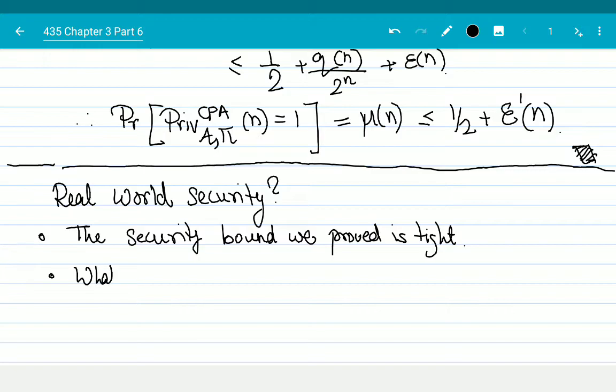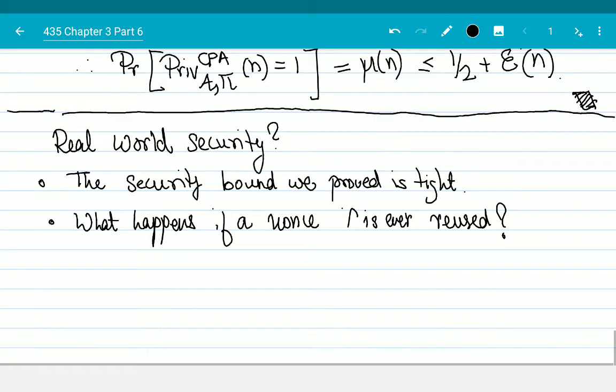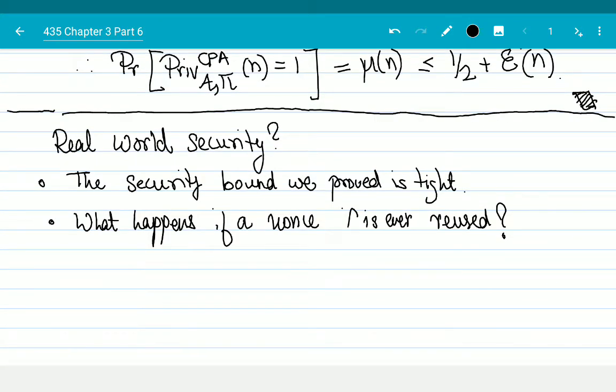What happens if a nonce vector R is ever reused? Maybe not for the same exact messages right now, but later. What happens if I'm using it again? Right?